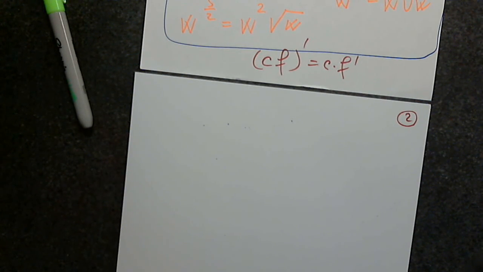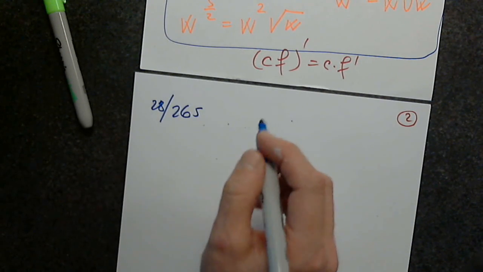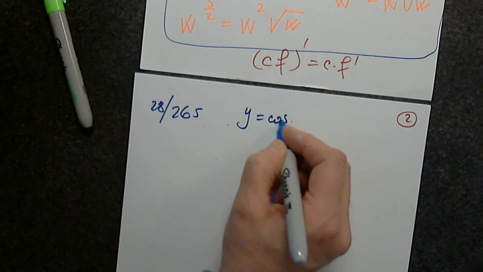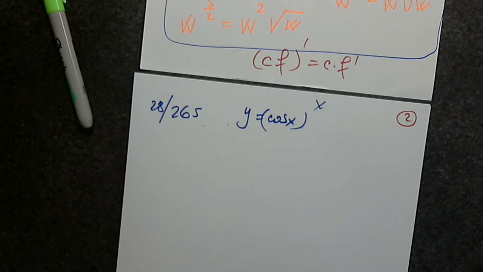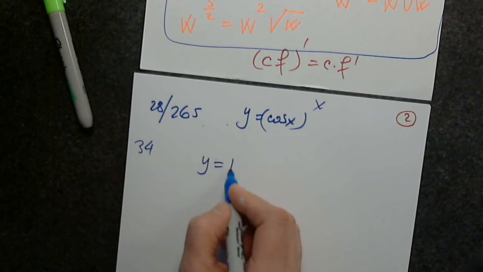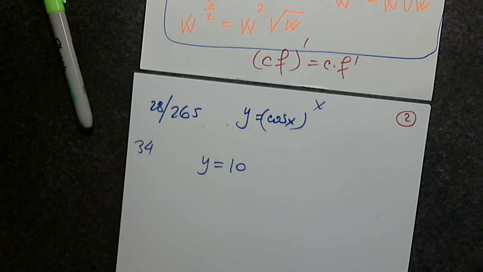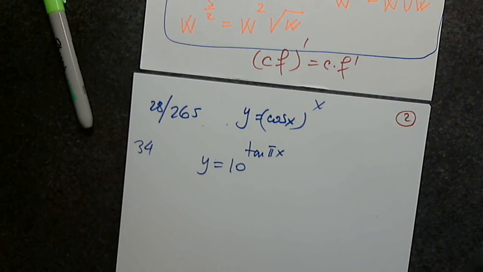Not graded, right? Okay, this time, because it's spring break next week. Okay, so let's say 28 on page 265: y equals cosine x, everything raised to x. And then 34, same page: y equals 10 raised to tangent, I think it's pi x.